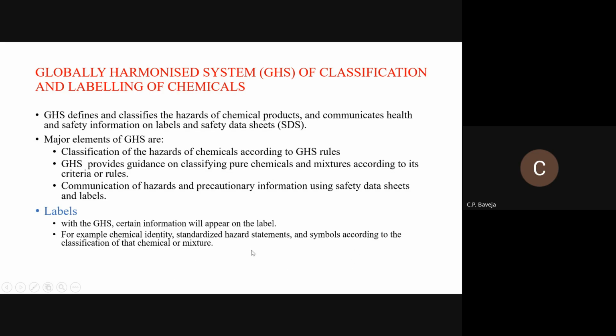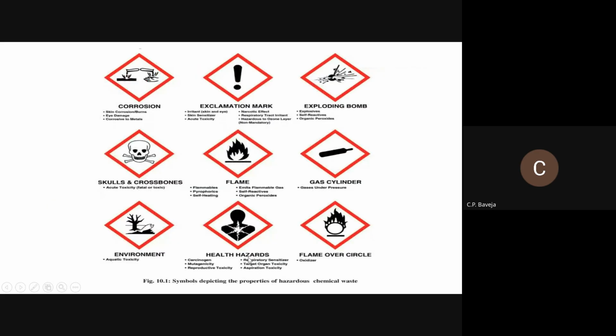By seeing the symbol only, you will identify the classification of the chemical. These are the symbols. The first symbol is corrosion. If this symbol is on the label, it means it can burn skin, cause eye damage, and is corrosive to metals.